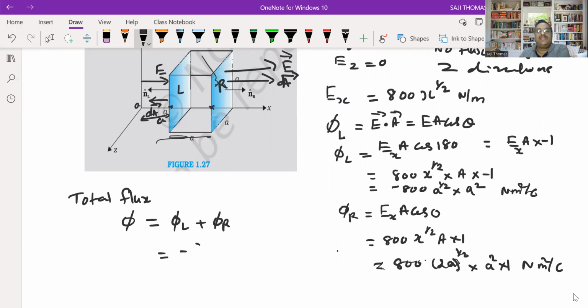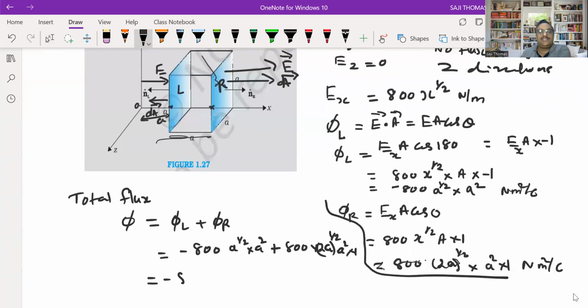Phi left was minus 800 into A raised to 1 by 2 into A square, plus the flux through the right side, 800 into 2A raised to 1 by 2 into A square into 1. This is equal to minus 800 into A raised to 5 by 2, plus 800 into 2 raised to 1 by 2, which is root 2, into A raised to 5 by 2.